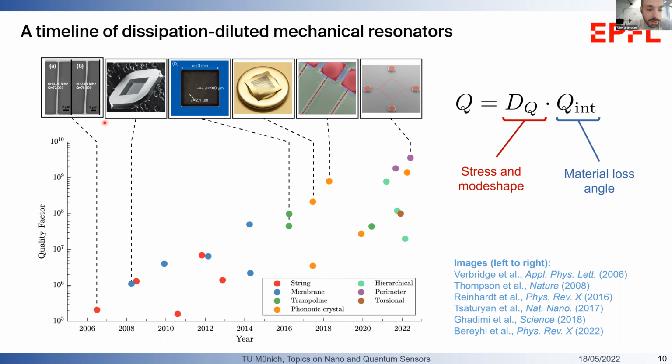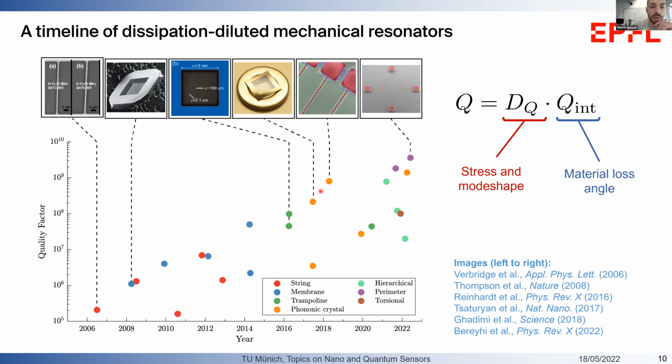And it's quite remarkable that over a period of 15 years, there's basically a 3 orders of magnitude improvement in the highest quality factor reported, going from this discovery in silicon nitride strings to the discovery that it also takes place in some commercially available silicon nitride membranes that were used for transmission electron microscopy as a window for electrons, basically for microscopy experiments.